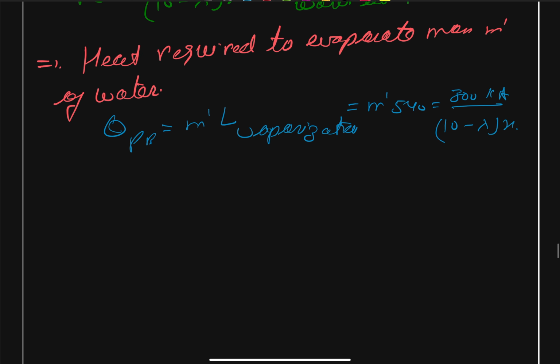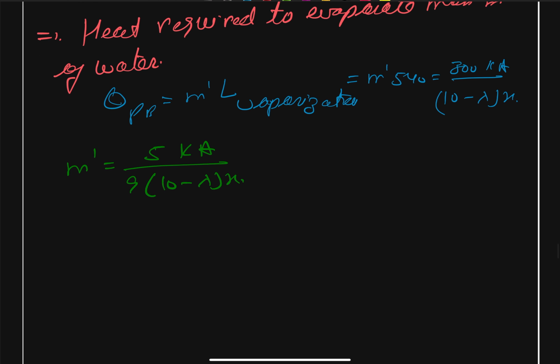From here we can find out our m prime. M prime will be equal to 5 KA upon 9 times 10 minus lambda times x, but it says that the mass evaporated per unit time for water and ice melted per unit time, which is our m, is the same. So we can say that m is equal to m prime.